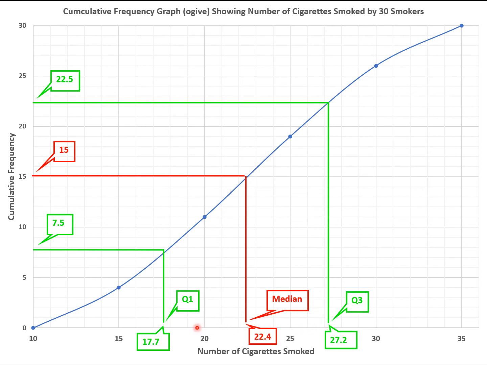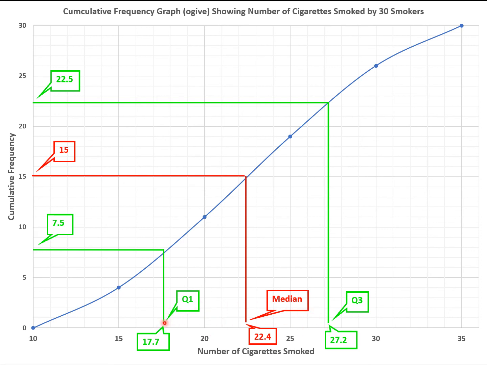Now the next point we're asked to do, the fourth point, is find the interquartile range. The interquartile range is the value for quartile 3 minus the value for quartile 1. You can make that out there yourself.